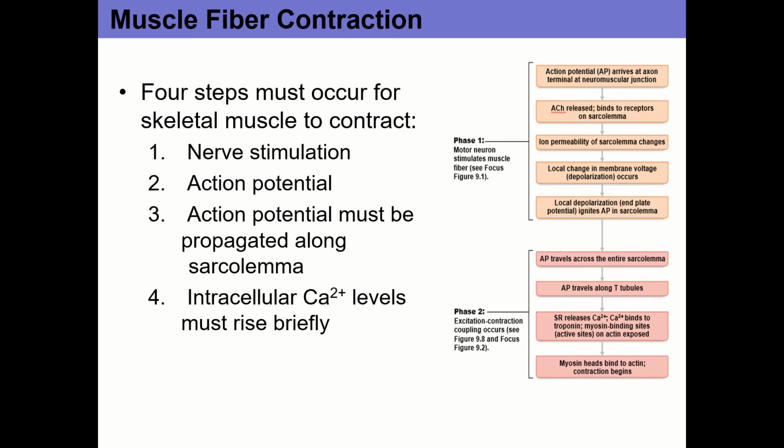Acetylcholine binds, causes the opening of chemically gated channels, and sodium comes rushing inside. That causes the opening of voltage gated channels. Sodium comes rushing inside, and then we get that depolarization of the sarcolemma, which spreads down the T tubules and across the sarcoplasmic reticulum. That causes the release of calcium.